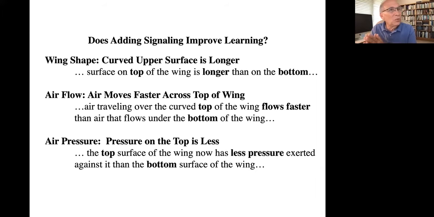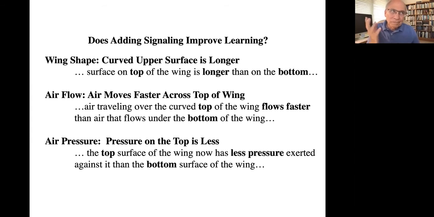We can do this in 2 ways. We can have verbal signaling where we emphasize the important parts of the verbal message, or we can have visual signals where we emphasize the important parts of the visual message. So when it's visual, we might have arrows or pointing to things or putting things in red color.